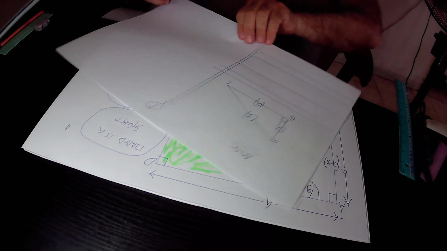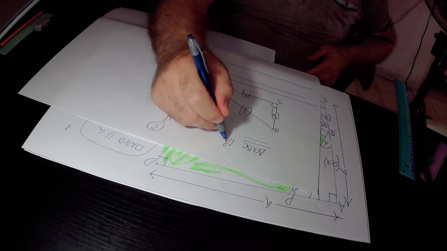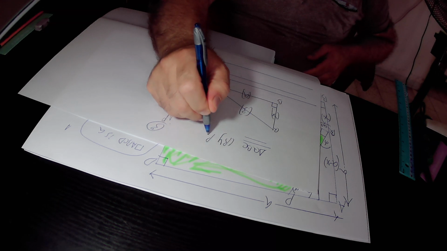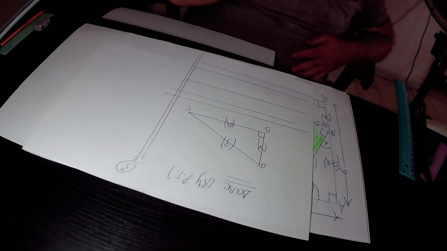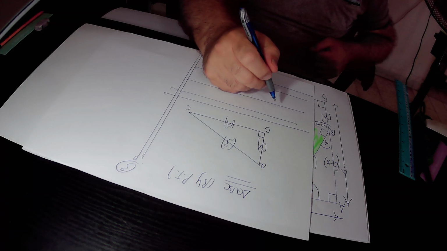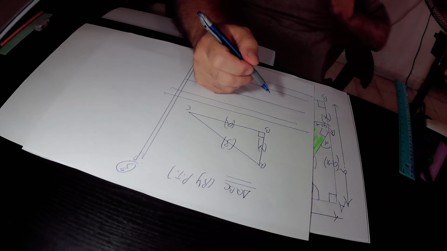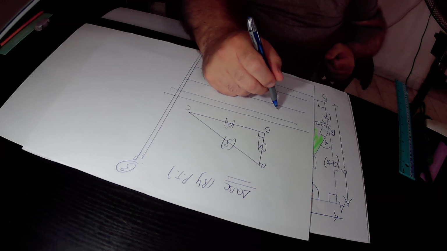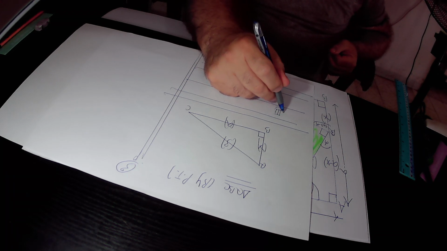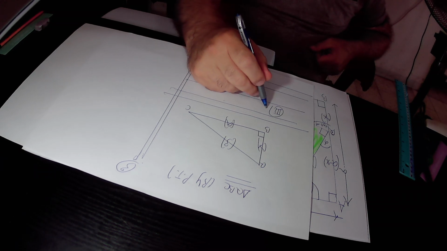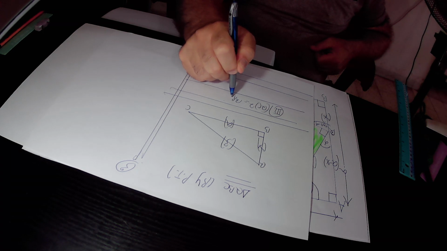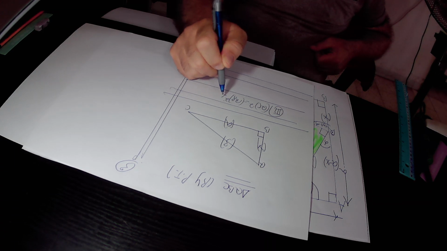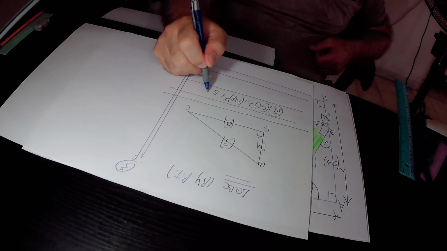So I write it down. This will be equation 3. So QC squared, that is the square of the hypotenuse, is equal to QB squared plus BC squared.